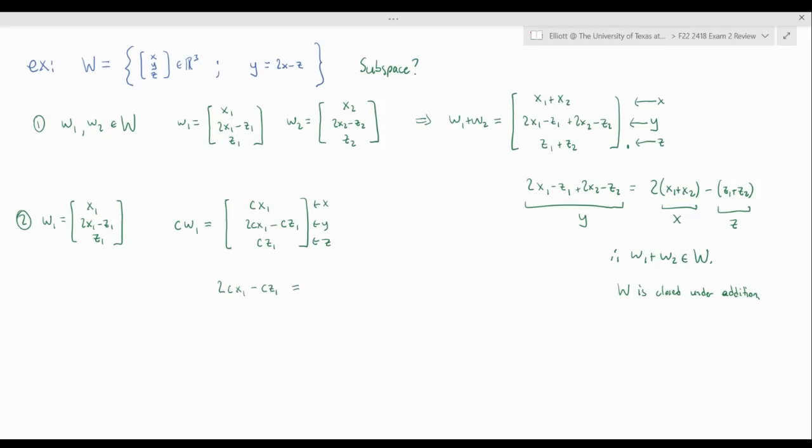You kind of already have it, I suppose, because I already distributed the C. You can see that the y coordinate is already twice the x coordinate minus the z coordinate. So that means this scalar multiple of W1 is also inside of the set W, and this proves that W is also closed under scalar multiplication.